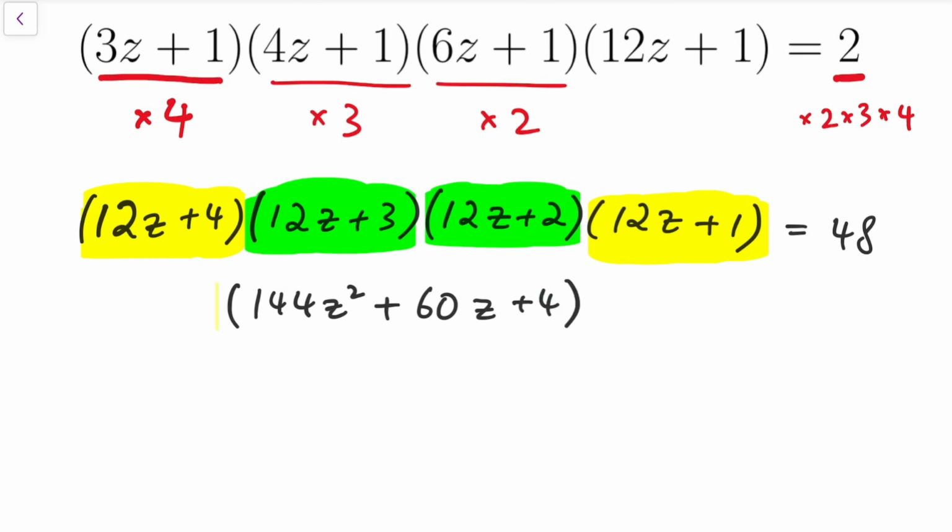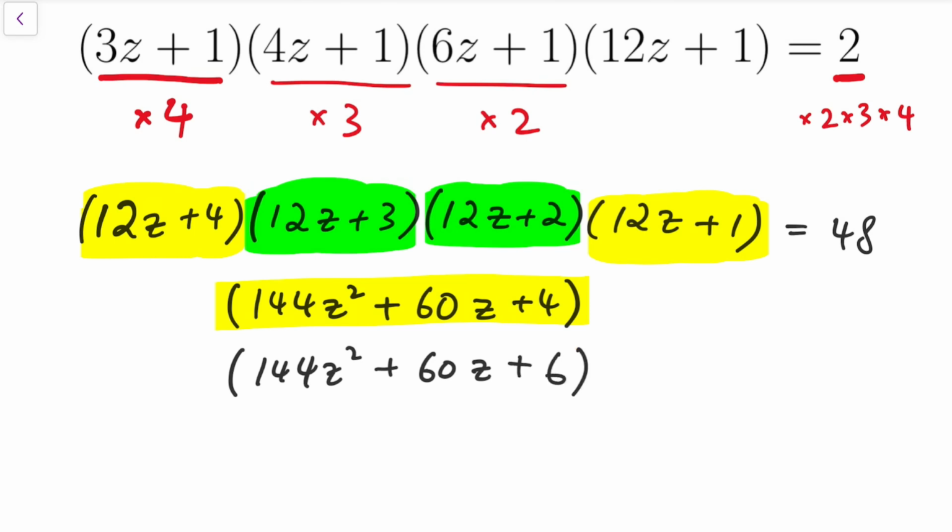That's the yellow group. While for the green group, we have a very similar expression. We have 144z² + (3 + 2) all multiplied by 12, and that's 60z again. But for the constant term, it's 3 times 2, and that's 6.